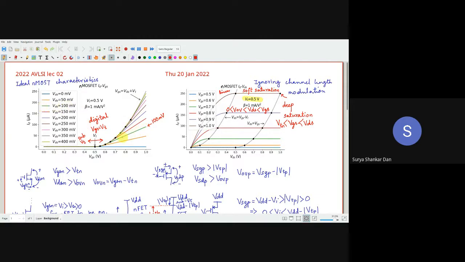This is the VDS plus VT line. Look, how much is VDS? This is 100 millivolt, so we write it as 0.1. How much is VT? 0.5. How much is the sum? 0.6.